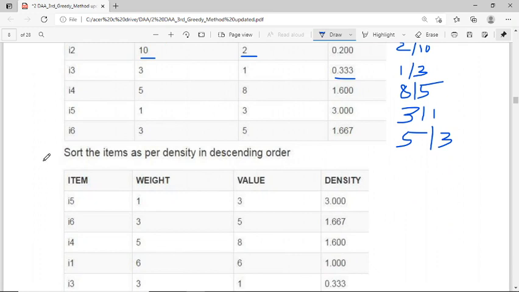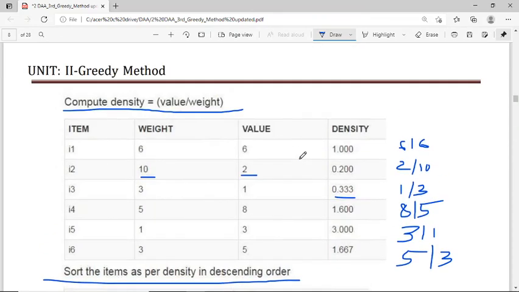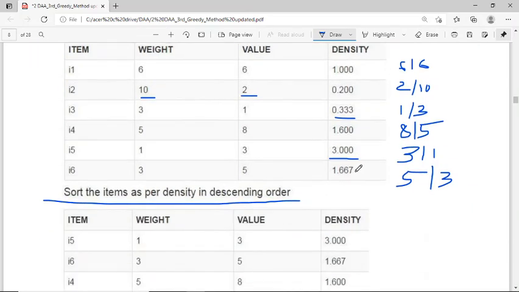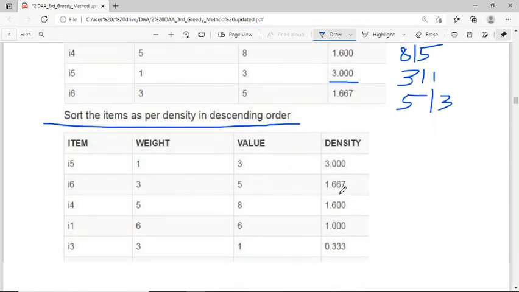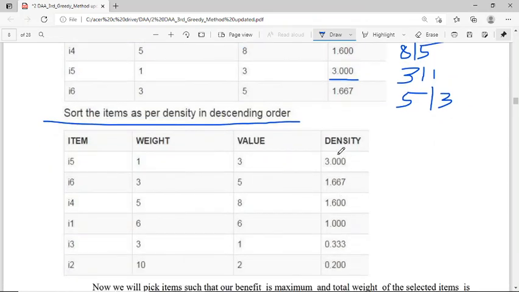Next, we need to sort the density in descending order. So what is our density? Which one is the highest? This one is the highest. So you need to keep descending order from the top.